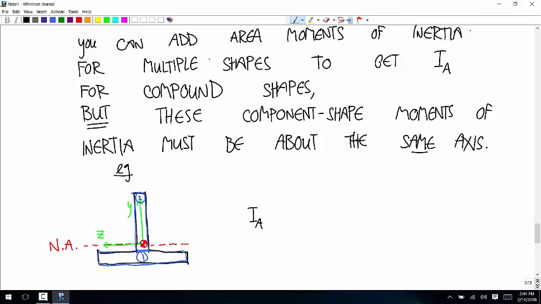Area moment of inertia about the neutral axis is the area moment of inertia of 1 about the neutral axis plus the area moment of inertia of 2 about the neutral axis.